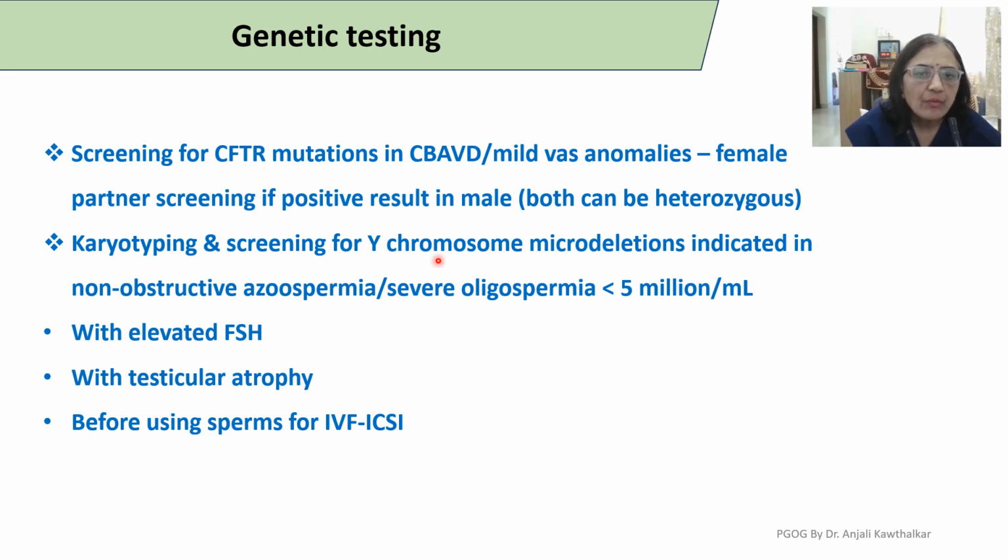Karyotyping and screening for Y chromosome microdeletions are indicated. Karyotyping is mainly for Klinefelter syndrome, and screening for Y chromosome microdeletions is done by various other genetic testing.